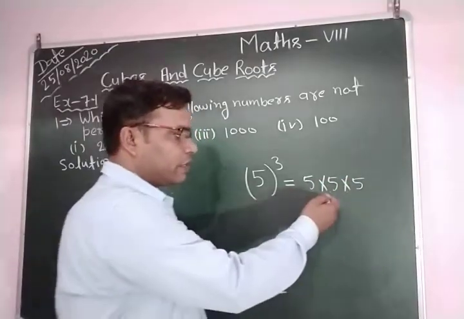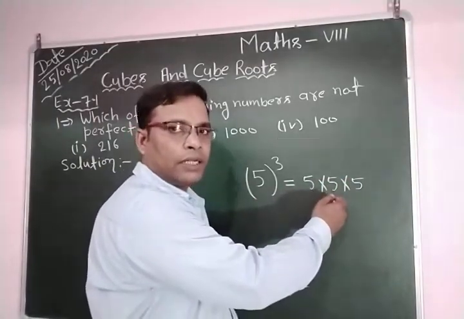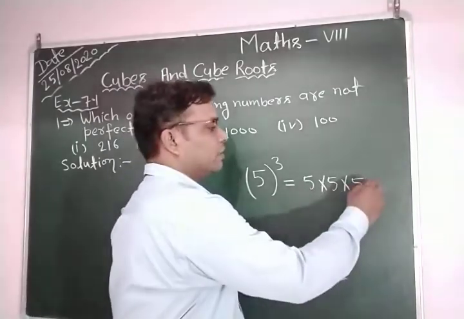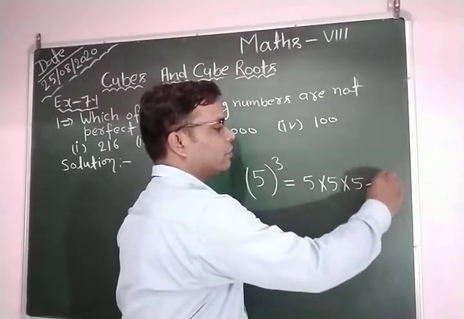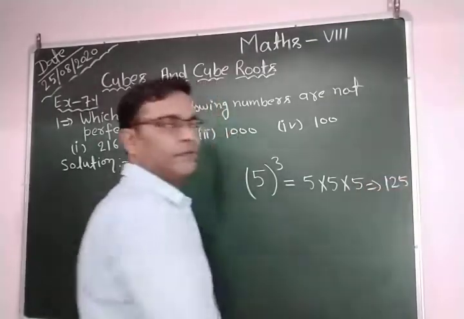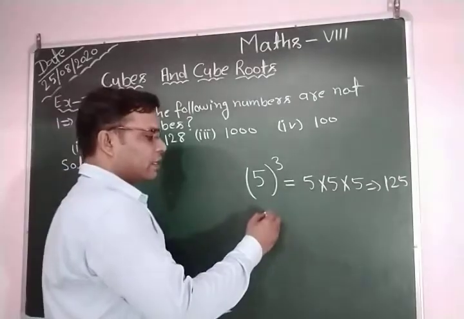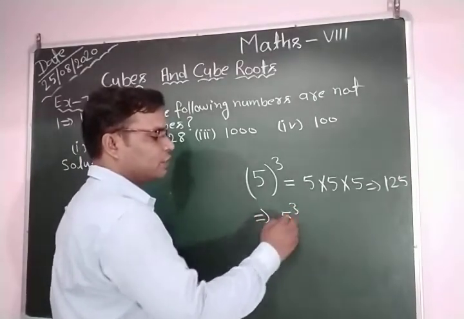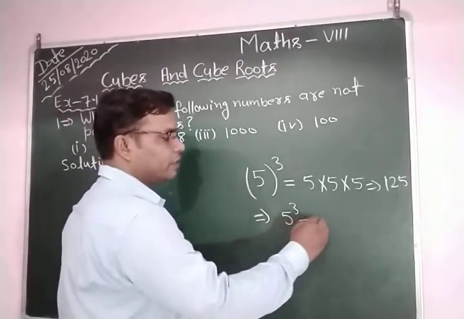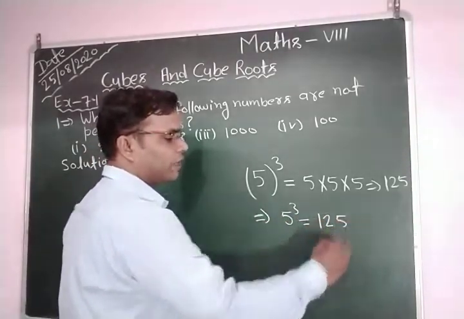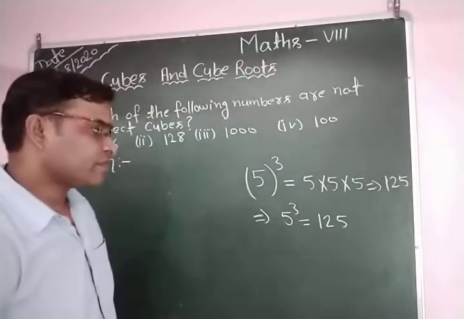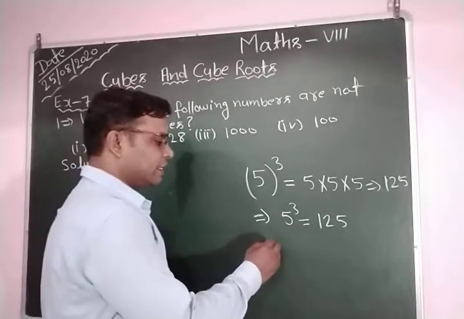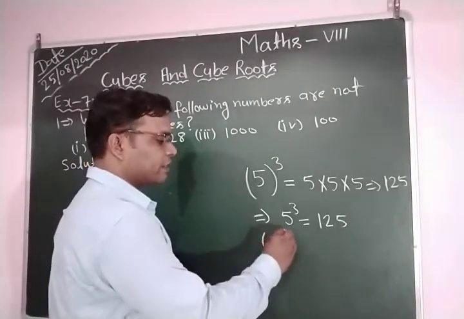So 5 into 5 is 25, 25 into 5 is 125. So the cube of 5 is 125.